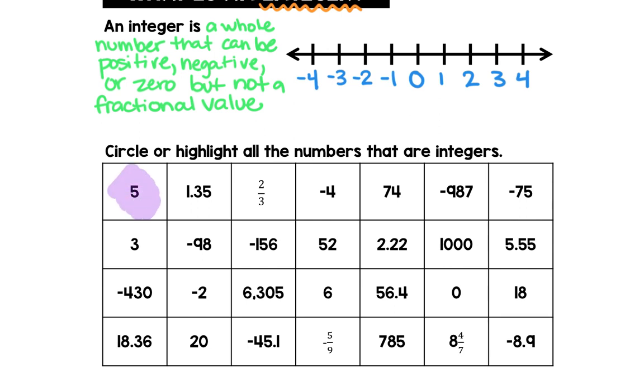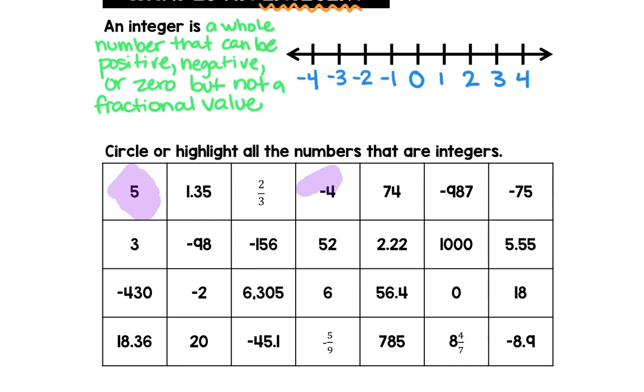We have 5. It's a positive whole number. When we get to 1.35, this is not a whole number, so we're going to skip it. 2/3, again, this is a fractional value, not a whole number. -4, it is a negative and it's a whole number.